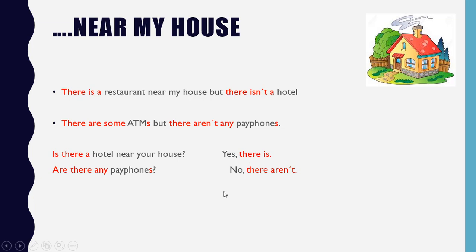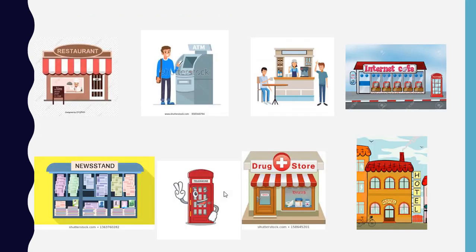So we can use the vocabulary that we studied before. Remember this vocabulary, and speak about our neighborhoods. Neighborhoods is barrio. So in my neighborhood there is a drugstore.